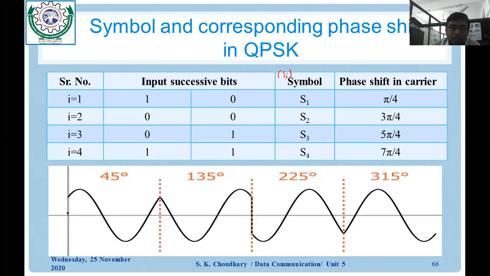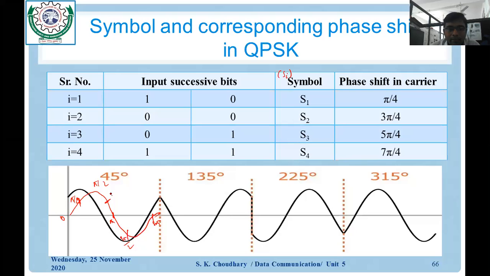We are very much familiar with how sinusoidal signals are represented: 0, pi by 2, pi, 3 pi by 2, then 2 pi. Pi by 4 is in between here.